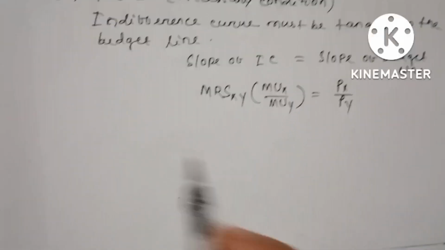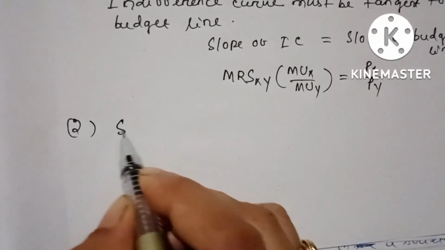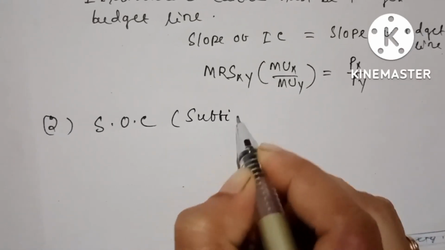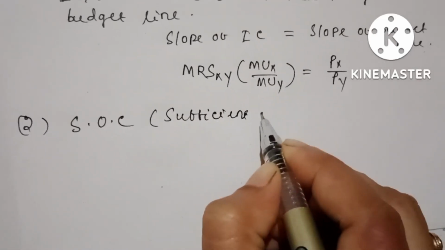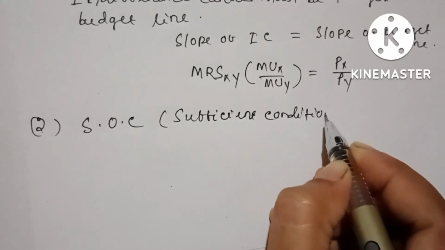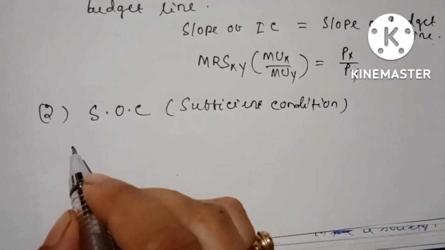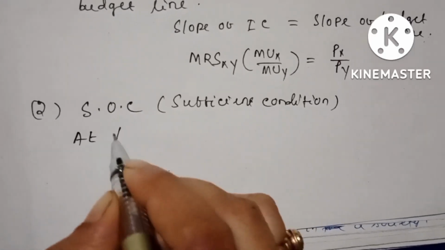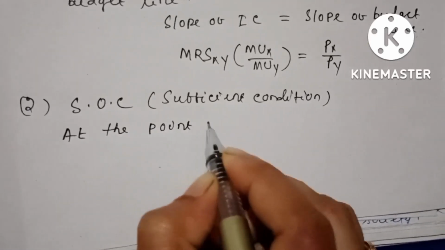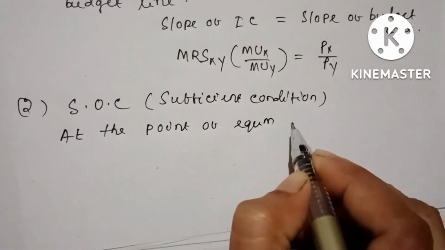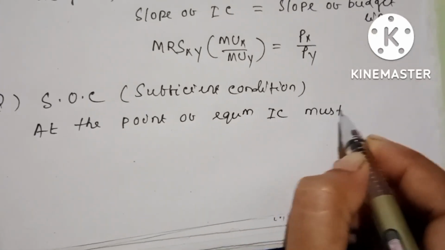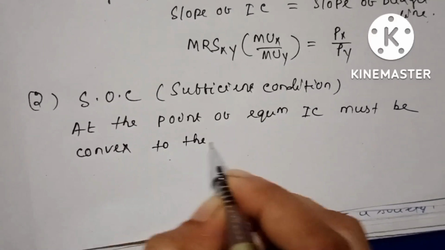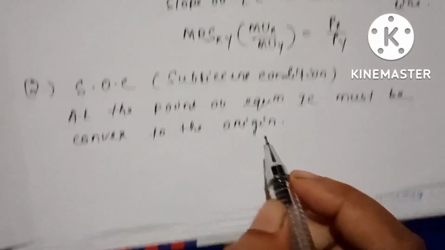Now, second order condition. The second order condition is the sufficient condition. What is the sufficient condition for equilibrium? At the point of equilibrium, the indifference curve must be convex to the origin.